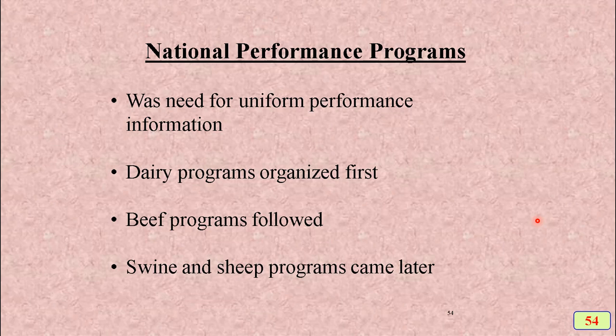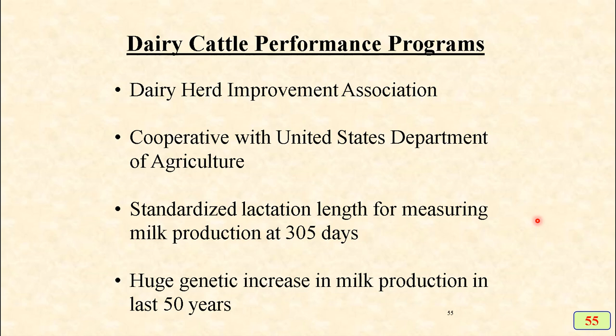Then there are a lot of national performance programs. There was a need for uniform performance recording, especially in the case of dairy programs. So they organized dairy programs first, beef programs followed, and swine and sheep programs came later in different countries.